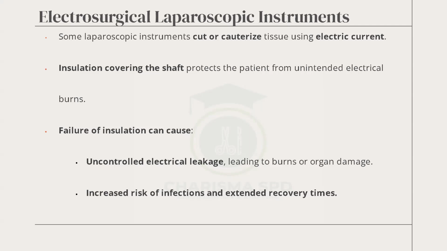So we will see that along the line, you need to test the insulation to make sure there are no cuts, because if there are cuts, it's going to electrocute either the surgeon or the patient. You're going to burn the patient. All right, you don't want to do that. And if you're a patient, you don't want to go to surgery and get burnt. Failure of insulation can cause uncontrolled electrical leakage, leading to burns or organ damage.